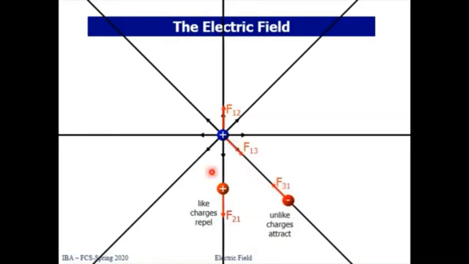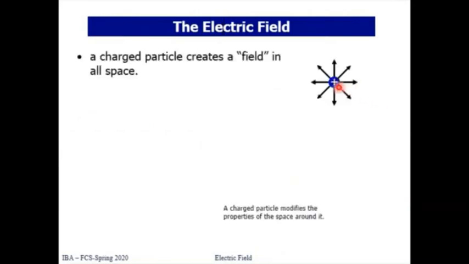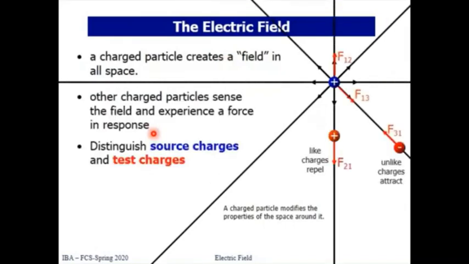We can call it the force exerted on a charge due to other charges through the electrostatic field. So if we place a positive charge within the space, then the charged particle creates an electrostatic field in all space. Other charged particles sense the field and experience a force in response to the source charge.